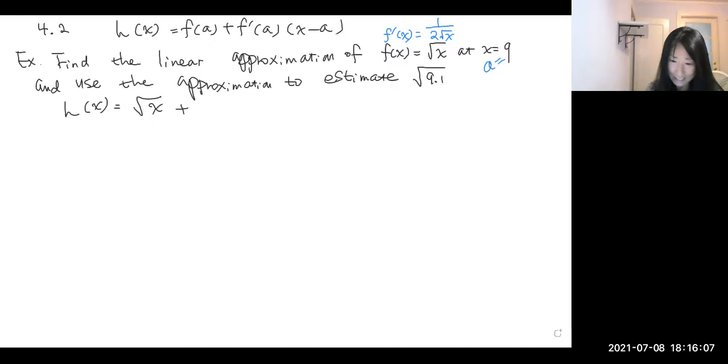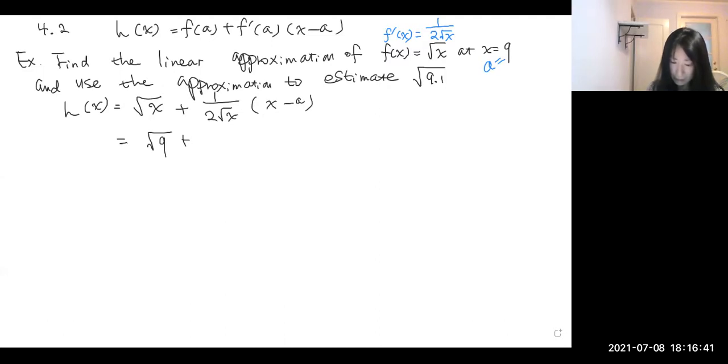So we have 1 over 2 square root of x, and x minus a, right? This is in general. In this case, now, square root of x, which is 9, plus, oh yeah, I should put the a, huh?